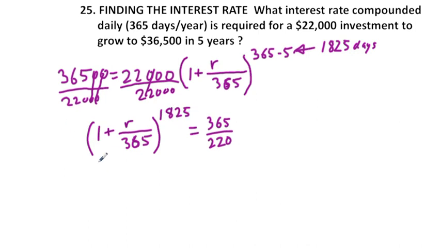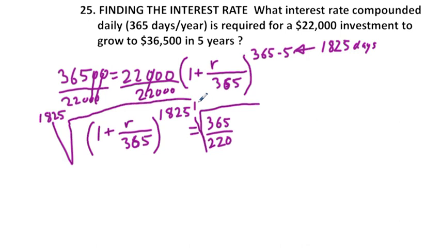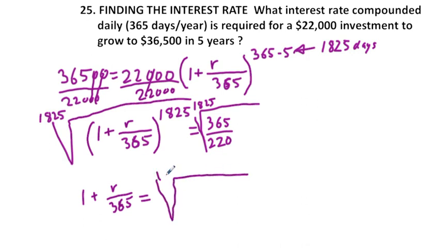So if we take the root of 1,825 and do the same thing on this right side here, take the root of 1,825, we're going to have 1 plus r over 365 equals the 1,825th root of 365 over 220.